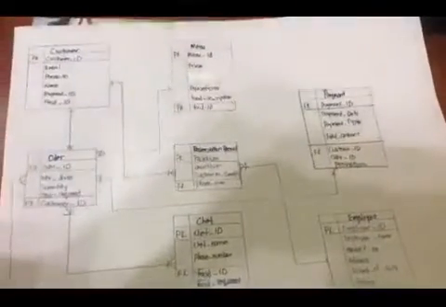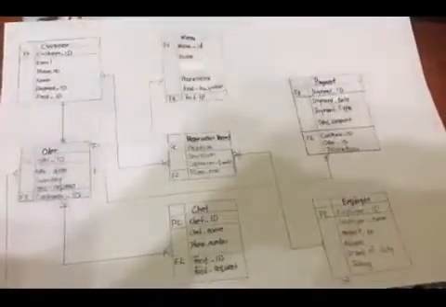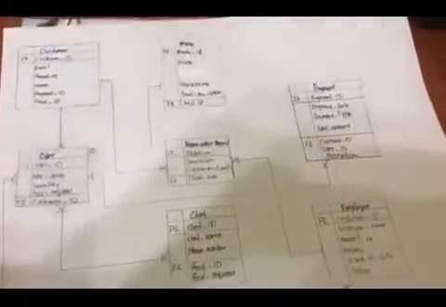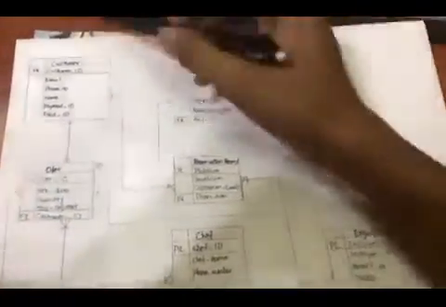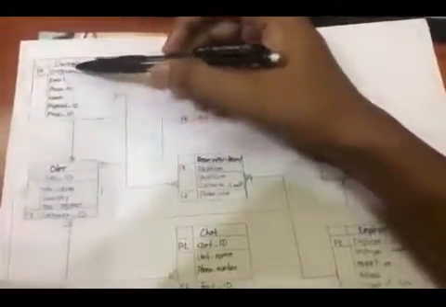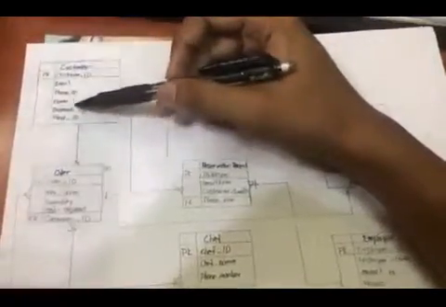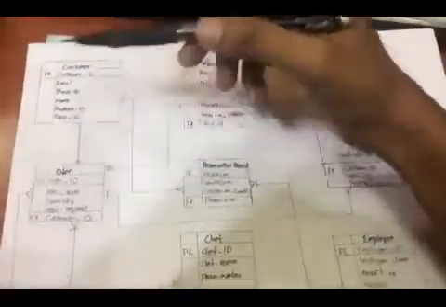Hello, my name is Steven and I would like to explain about the ERD of a restaurant management system. So when it comes to the restaurant management system, the main person will be our customer. For the customer, we have the primary key as the customer ID, email, phone number, name, payment ID and food ID.